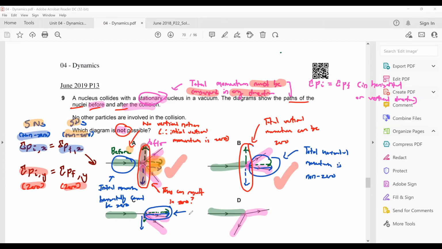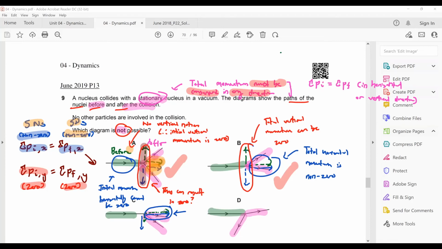No worries. Okay, I was talking about part C, where basically you are doing back the same thing. You resolve the momentum after collision into the X and Y direction, into the horizontal and vertical direction, which is represented by the blue and green colored arrow here.